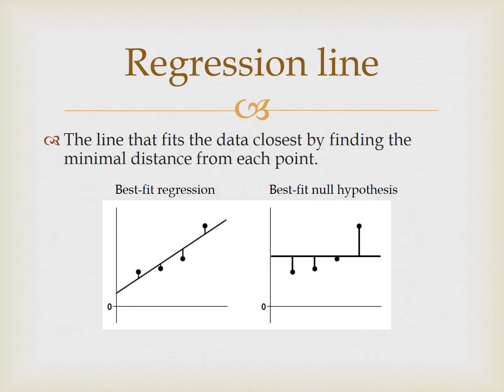A regression line is a line that fits our data closest by finding the minimal distance from each point collectively. So on our graph on the left, as our x-axis variable increases, our y-axis data also seems to increase in a direct relationship. And the line that we have has minimized the distance from each point to our line in between.